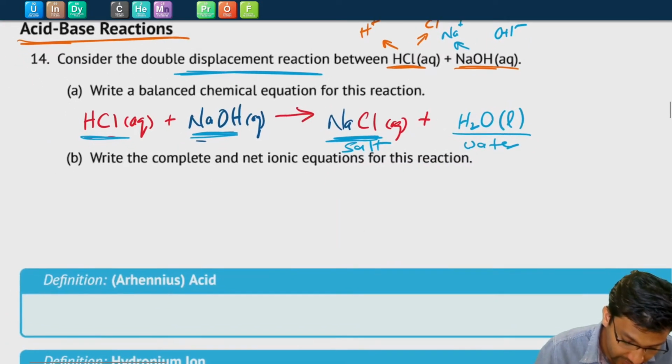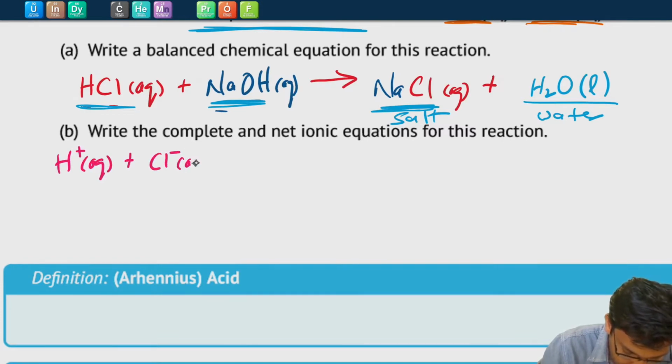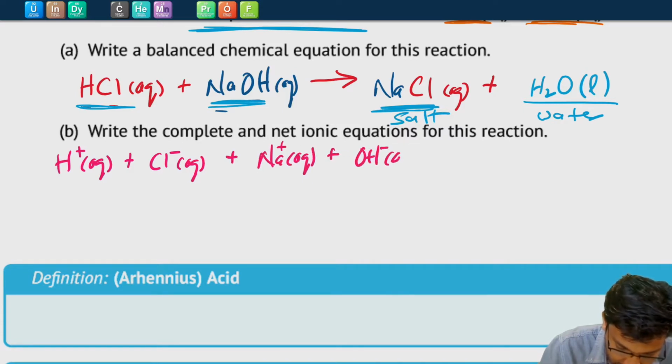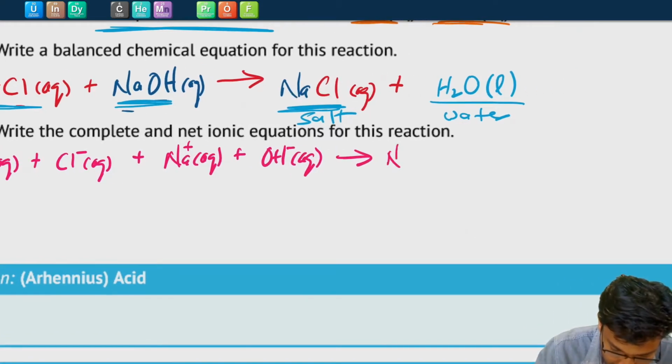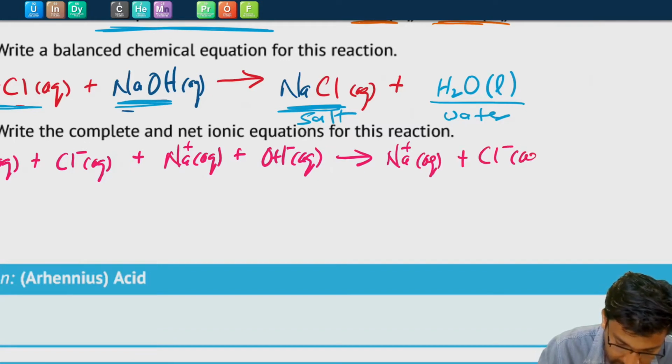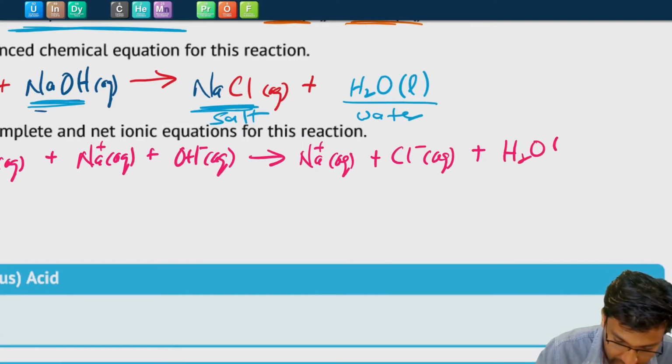And so if we were to write the complete and net ionic equations for this reaction, this is what we'll get. HCl aqueous breaks apart into H plus aqueous plus Cl minus aqueous. NaOH breaks apart into Na plus aqueous plus OH minus aqueous, and all this goes to give us NaCl aqueous, so that breaks apart into Na plus aqueous plus Cl minus aqueous, and then H2O is a liquid, so we do not break that apart.